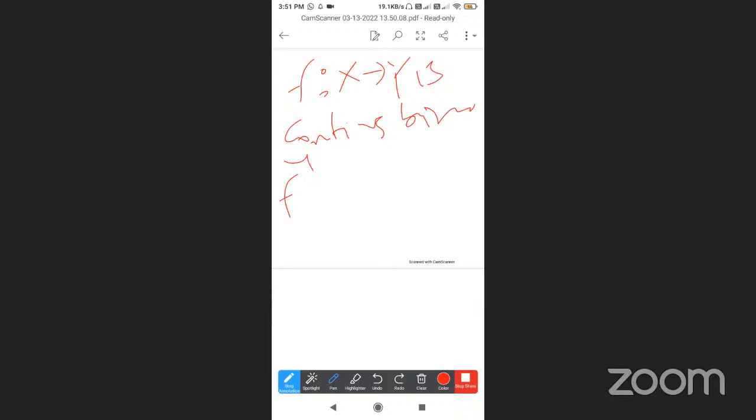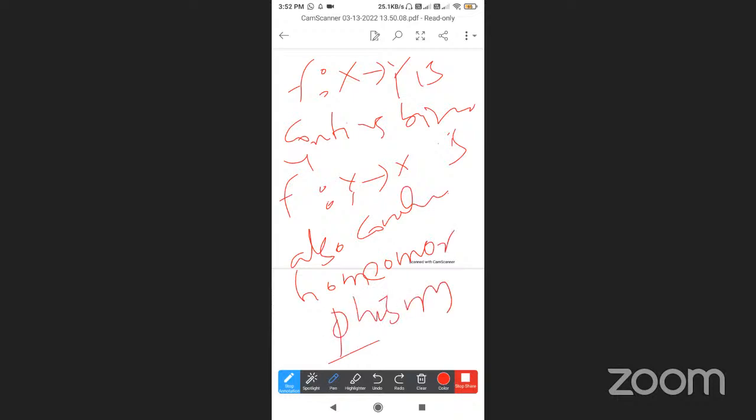So the inverse function from y to x is also continuous. That is called a homeomorphism. Not homomorphism, homeomorphism. So f from x to y is continuous, the inverse from y to x is also continuous, then it is called a homeomorphism.